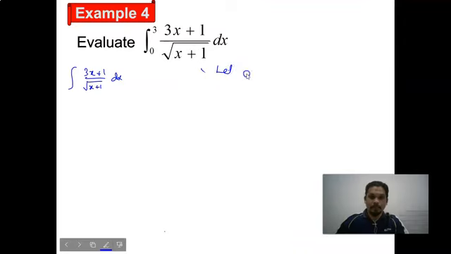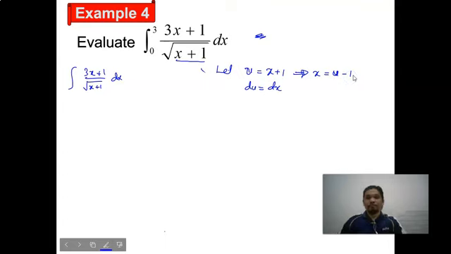Let u equal to x plus 1. We take this term here as our reference, becoming u, then du equal to 1 dx. And from here, we can come up with x equal to u minus 1.